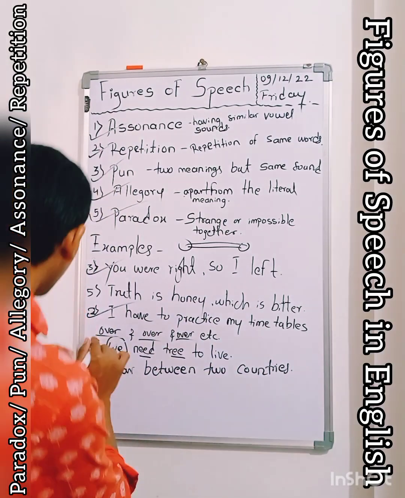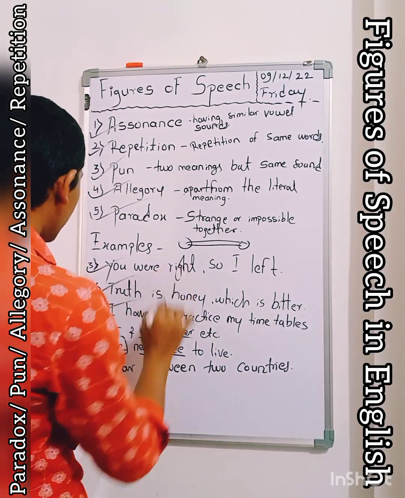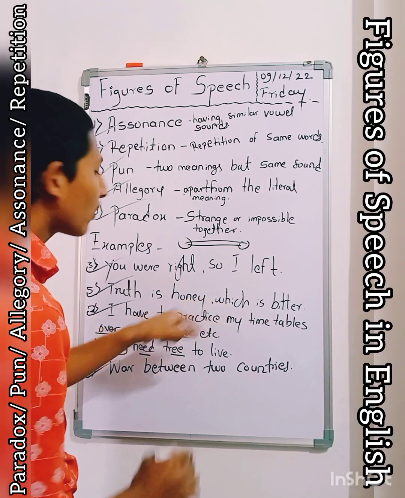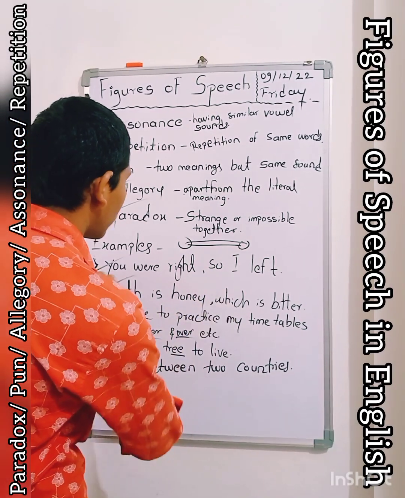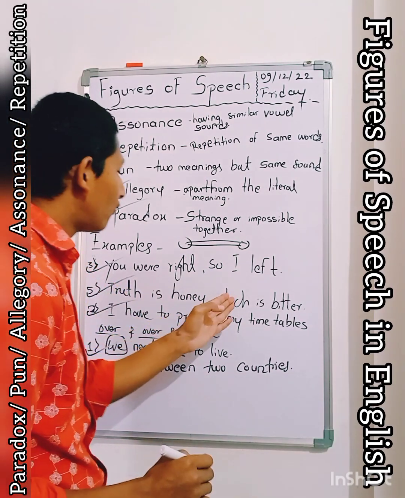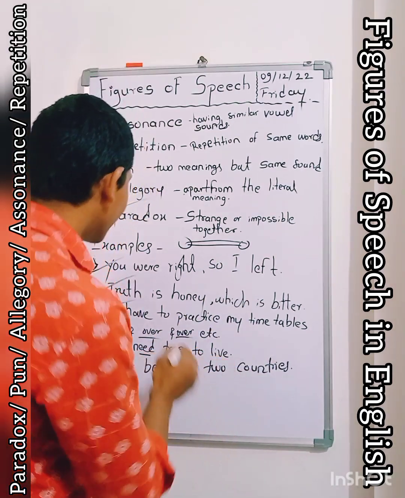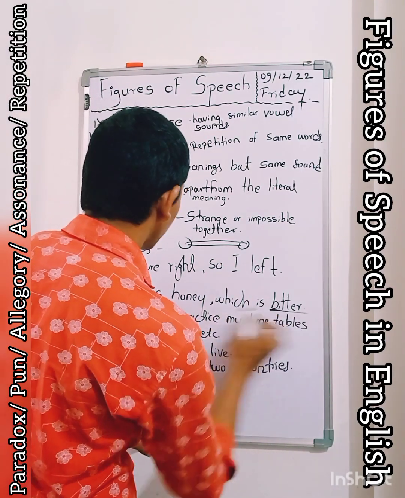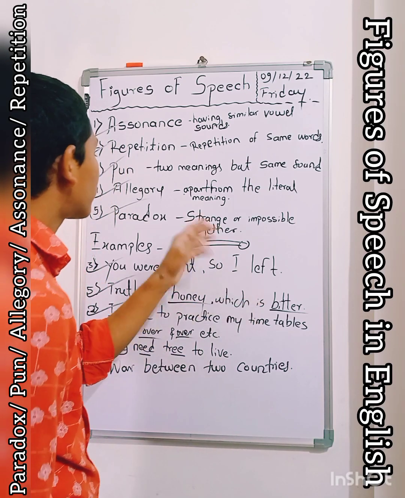How? Here is the best example of paradox: truth is honey, which is bitter. I have added the comma here. Here you are observing bitter and honey. These are two opposite, strange words.